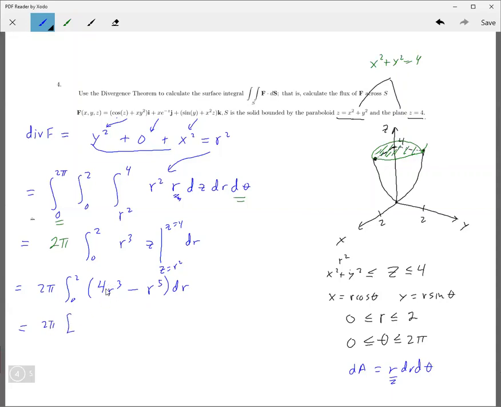So integrate that, and you have 4 r to the 4th over 4, minus r to the power 6 divided by 6.